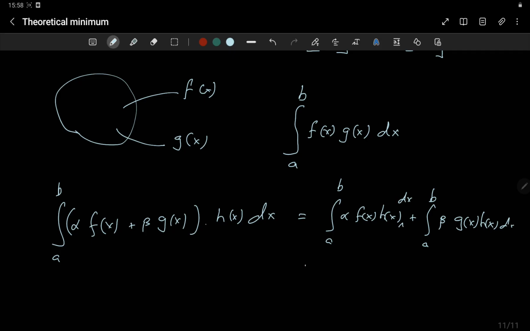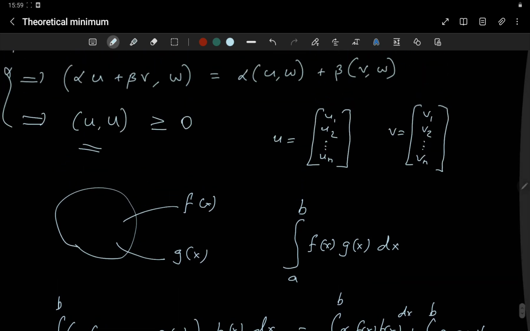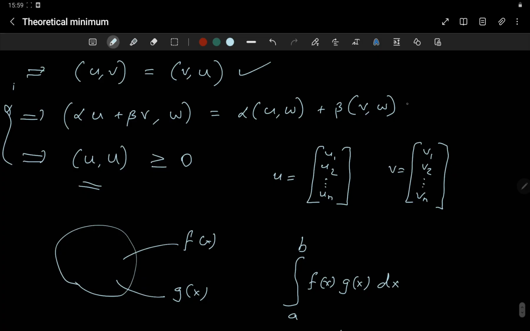This is same as alpha, I can take alpha outside, which is same as the inner product of f and h, and here the inner product of g and h. So this property also gets satisfied.